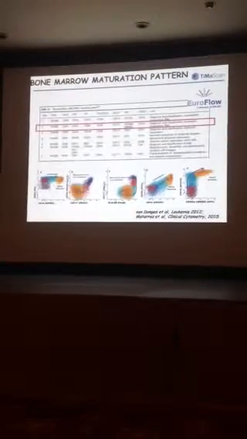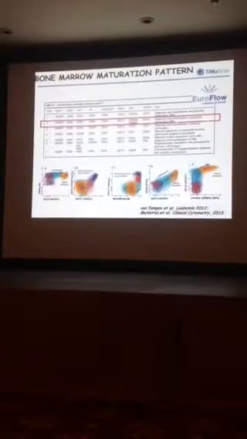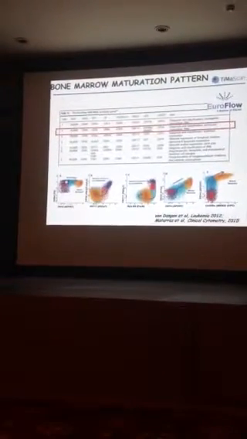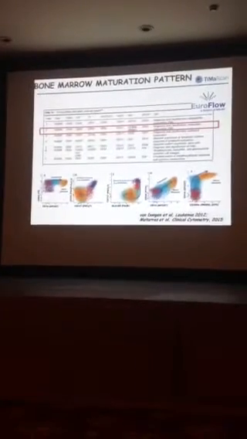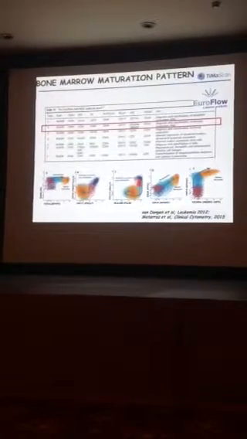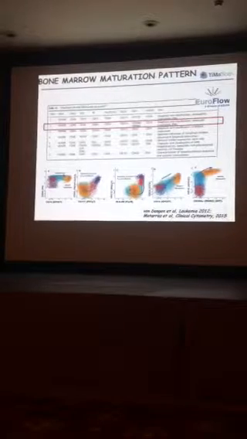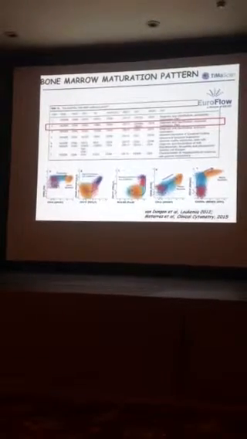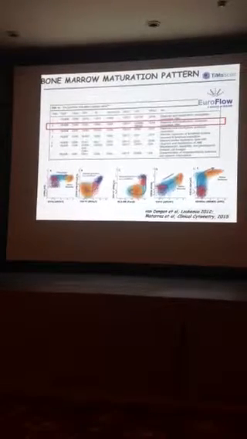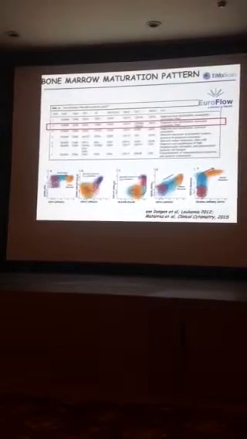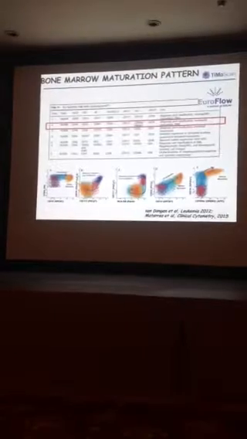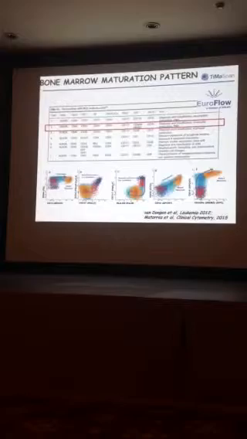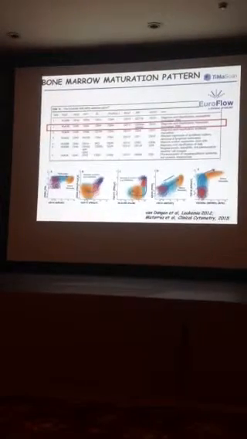So, in other words, by using these markers, you can make many more maturation stages than those that we can identify by morphology. And the basic reason is that these cells are not a major compartment in the bone marrow. So if you count 500 cells, you don't get many of them. You mainly get mature monocytes. So they are not easy to see if you don't analyze enough cells.